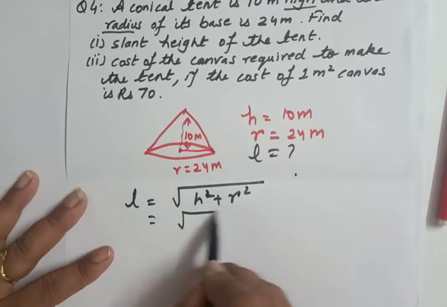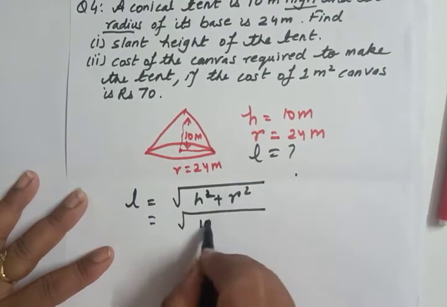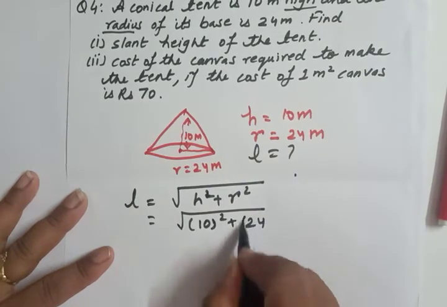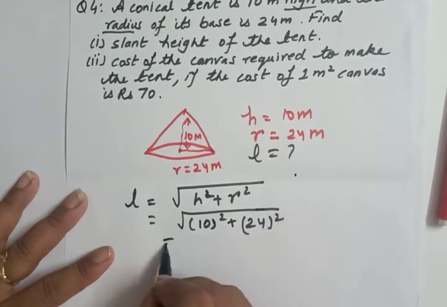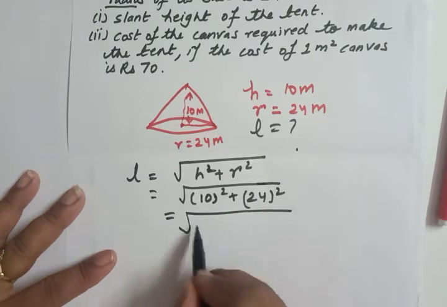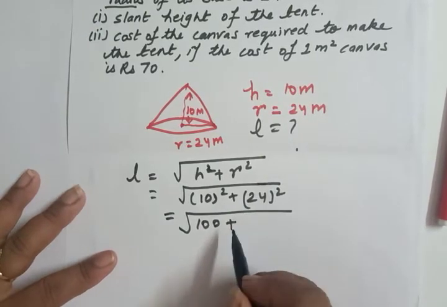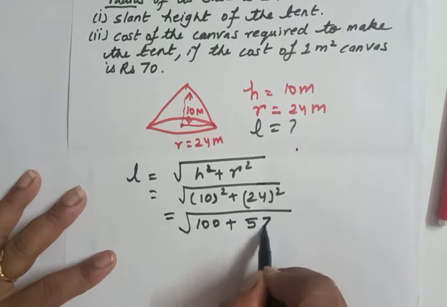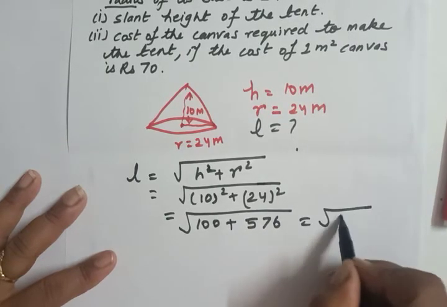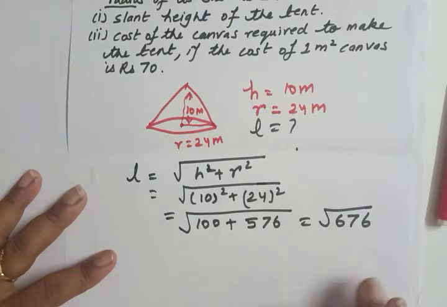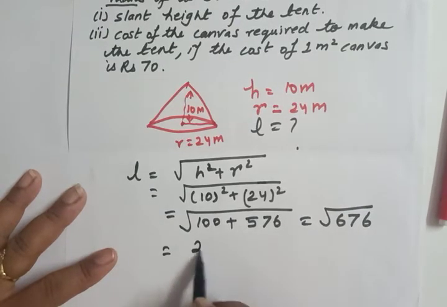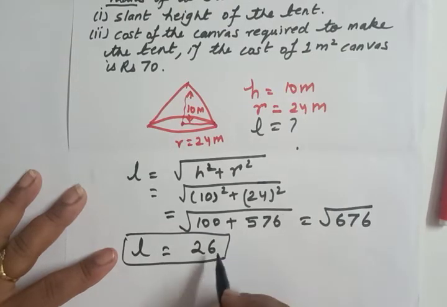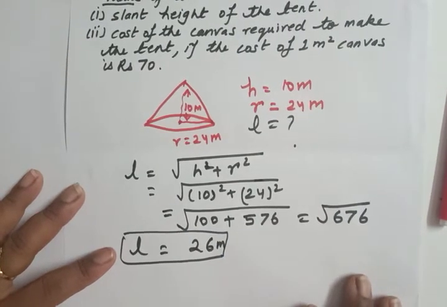So h is 10 square and r is 24 square, that is equal to 100 plus 24 square, that is equal to 576, that is equal to under root 676, and directly we have got the square root 26. So L is equal to 26 meter, that we have found out. Don't forget to write the unit.